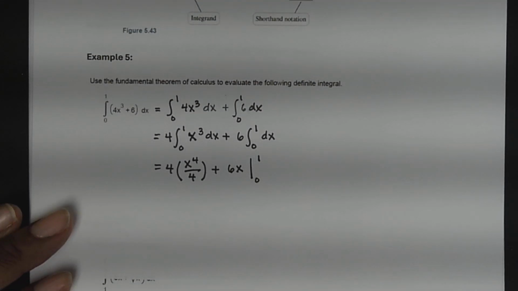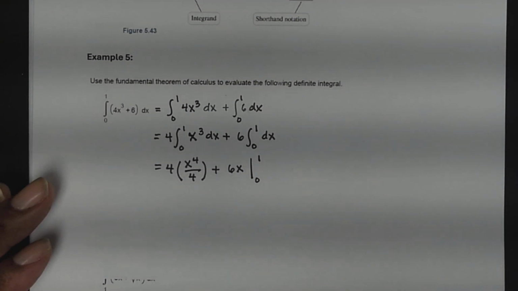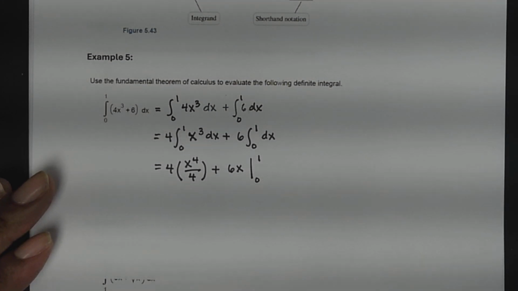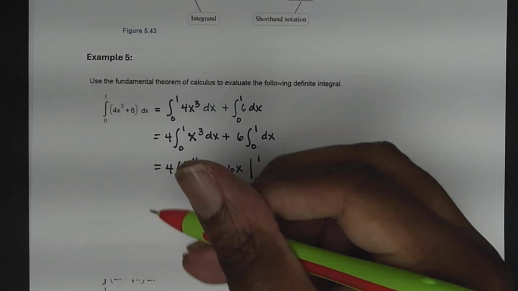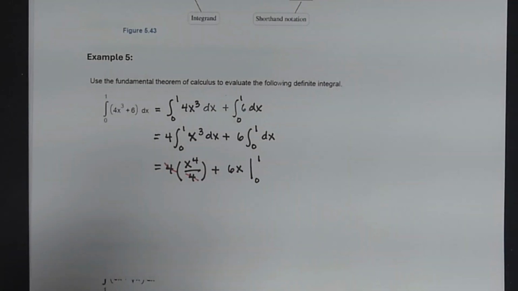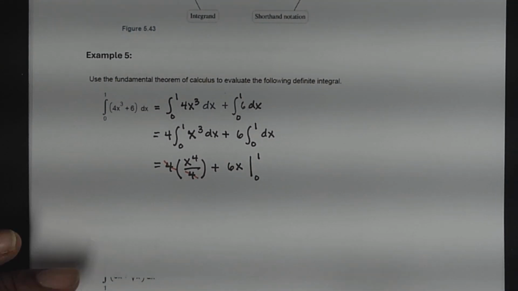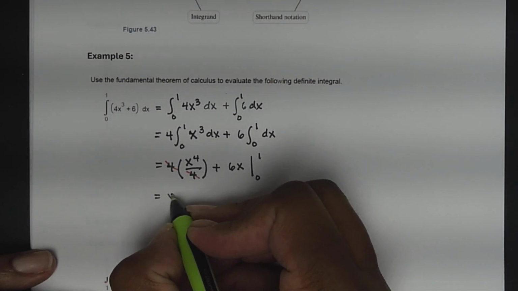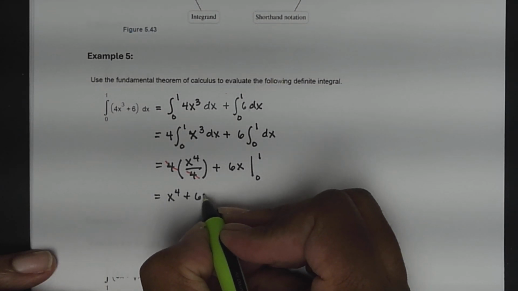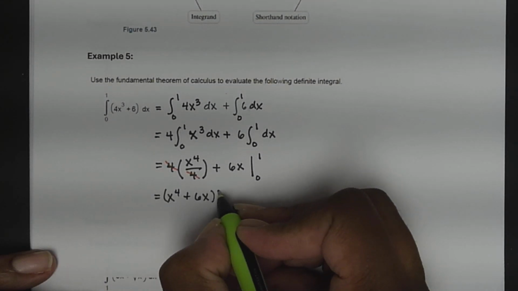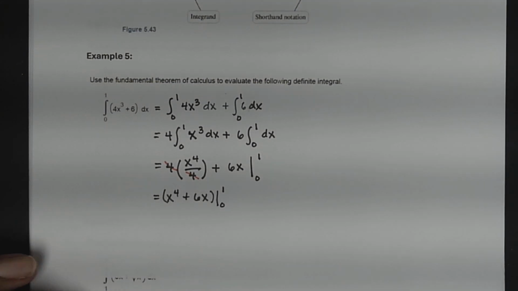If I simplify this a bit, let's divide out the 4's. So I have x to the 4th plus 6x, and this expression will be evaluated from 0 to 1.